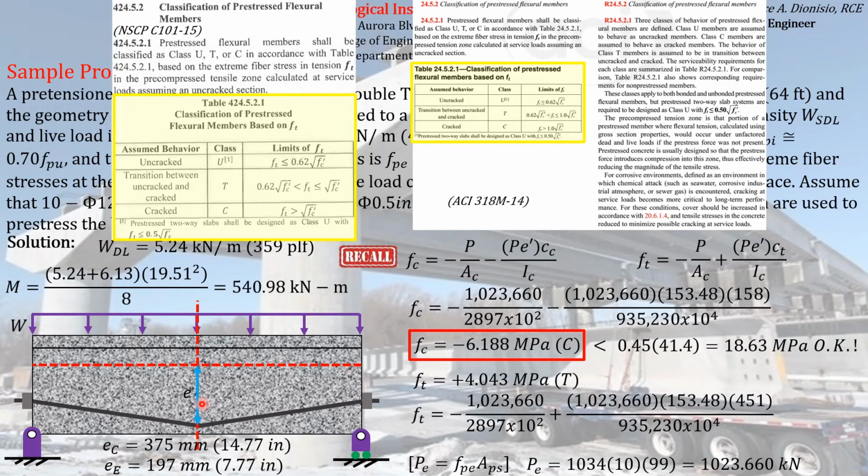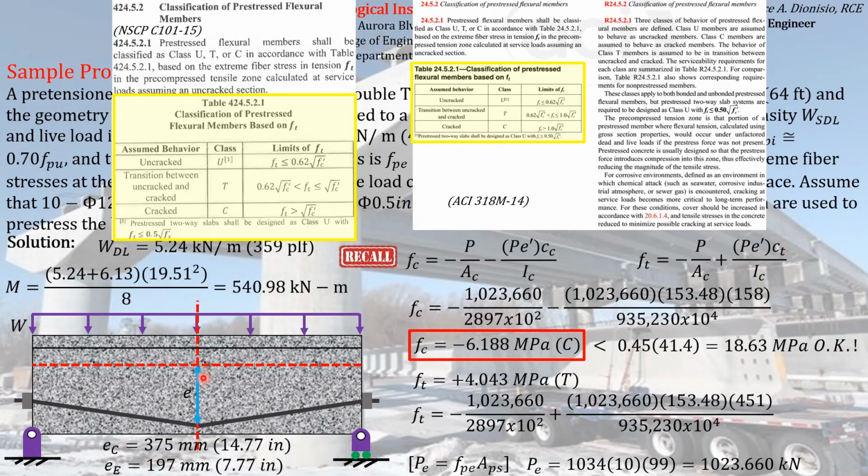So again, if you remember from our very first discussion, we want our concrete element to avoid experiencing cracks. So we don't want our concrete element to experience cracking at service load conditions, or as it carries the service loads.